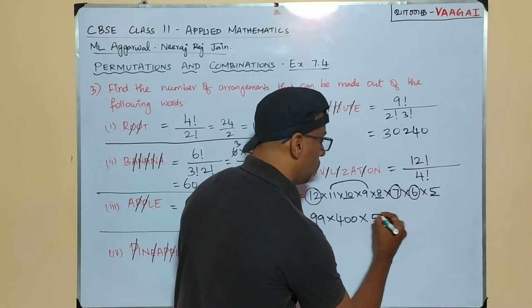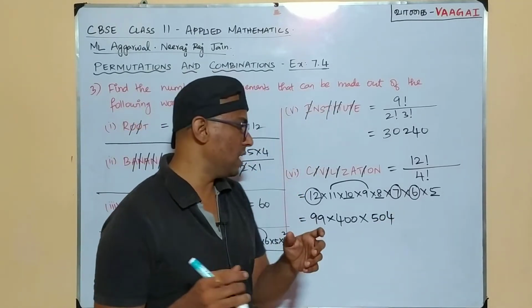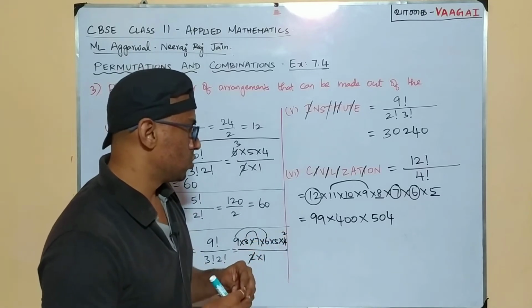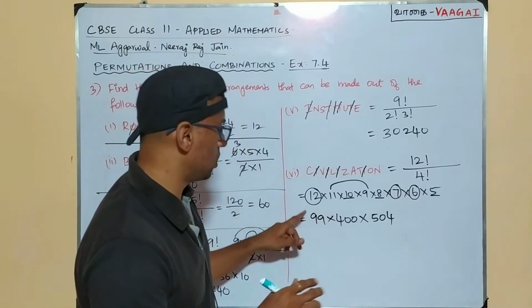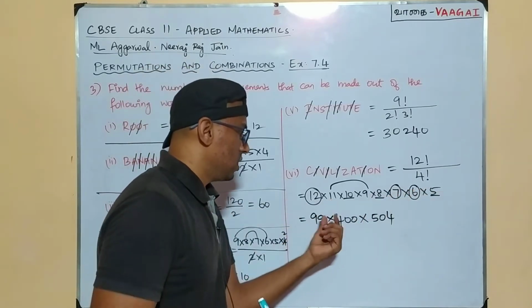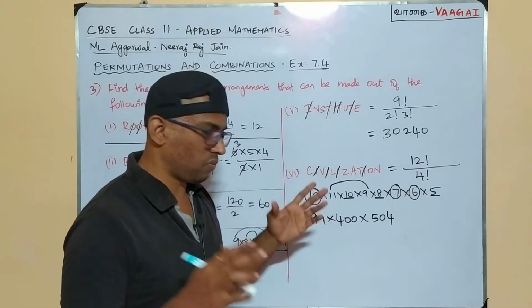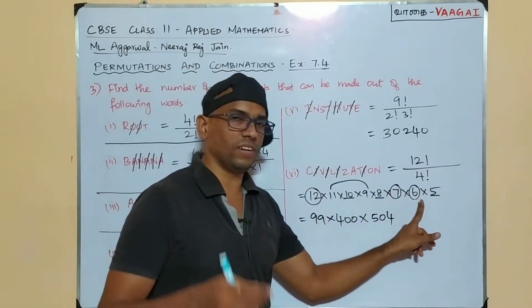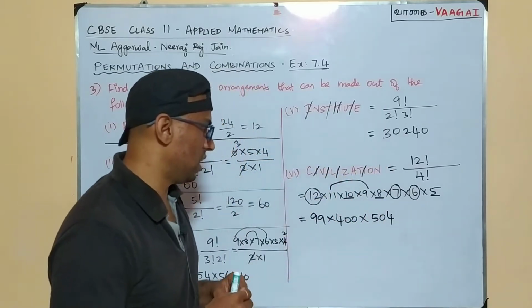So if we are able to complete this huge calculation, then we can get the answer. Just check whether we have missed any numbers. 11 nines are 99, 10 into 8 into 5 is 400, and 12 into 7 into 6 is going to be 504, because 12 sixes are 72, and 72 sevens are 504.